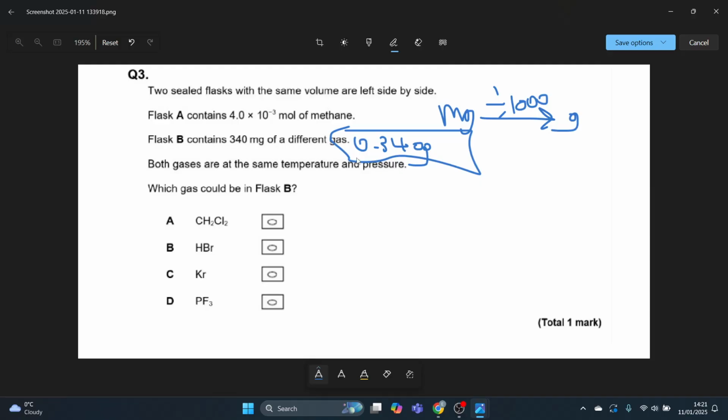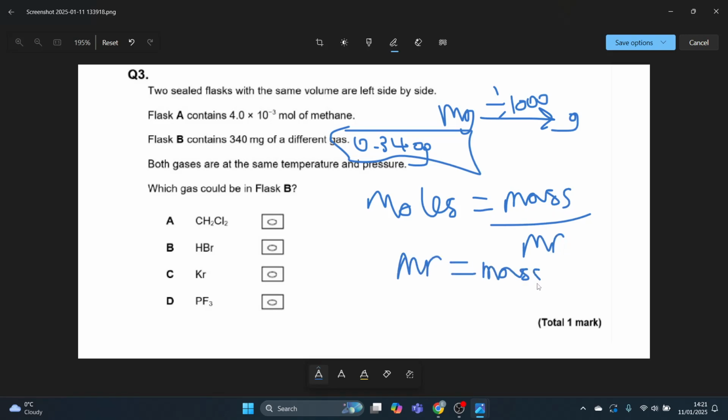Now I can find out the MR. Moles equals mass divided by MR, so MR equals mass divided by moles, which in this case is just going to be 0.340 in grams divided by 4.0 times by 10 to the power minus 3.